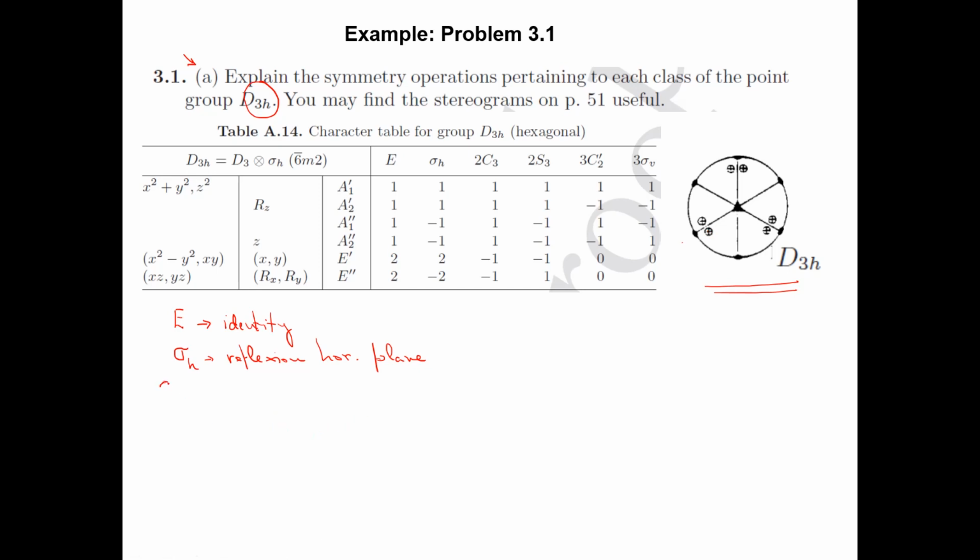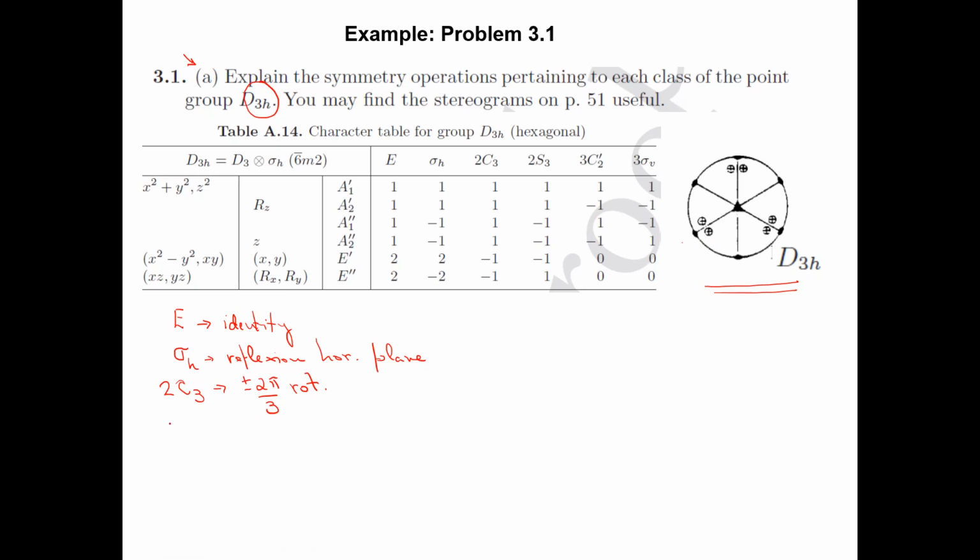Okay, 2C3. 2C3 is a plus or minus 2 pi over 3 rotation through the main symmetry axis. The main symmetry axis is the vertical axis perpendicular to the plane, and you can see the plus or minus 2 pi over 3 rotation here.